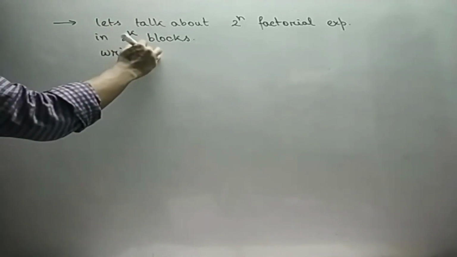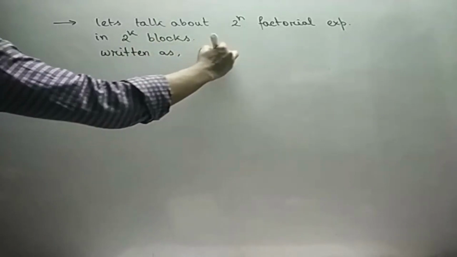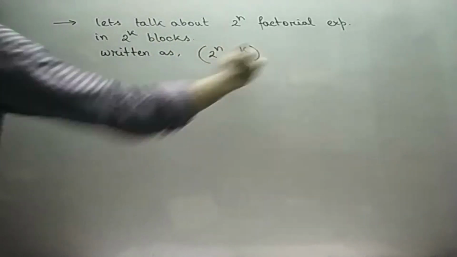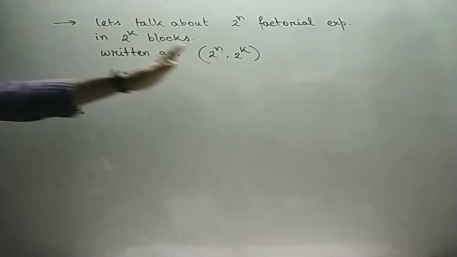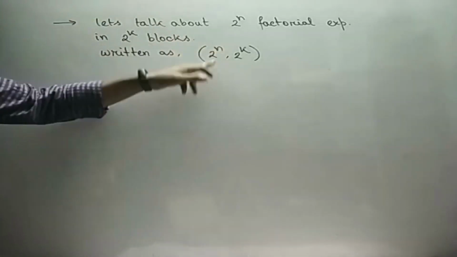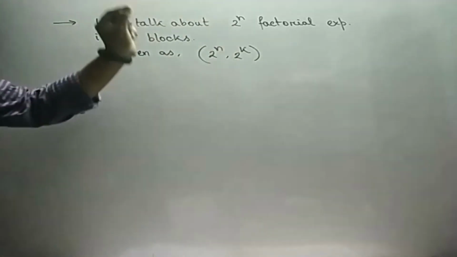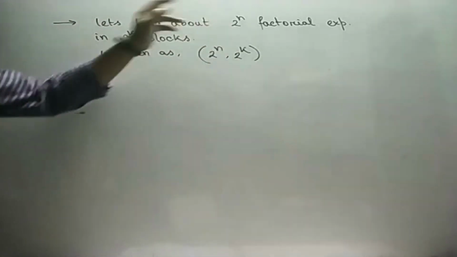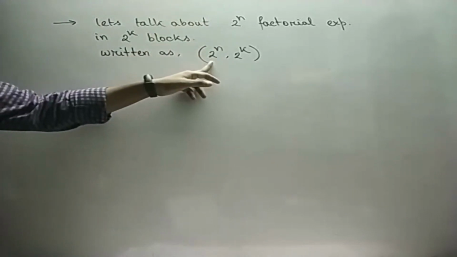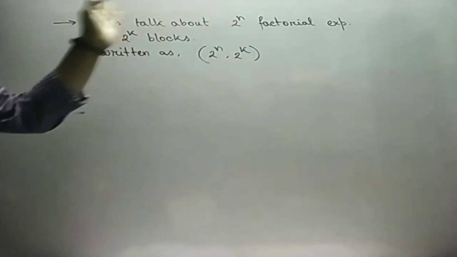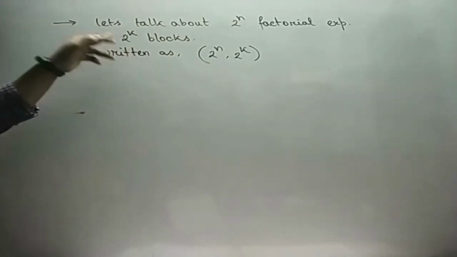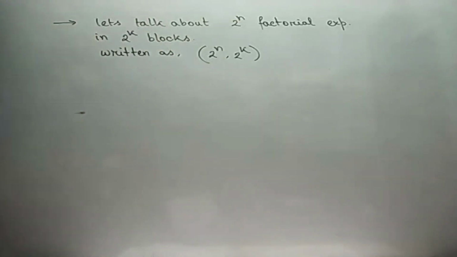This is usually written as 2 to the power n comma 2 to the power k, and this is the universal notation. 2 to the power n basically denotes that we have n factors, each with 2 levels, and all of these treatment combinations are divided into 2 to the power k blocks.